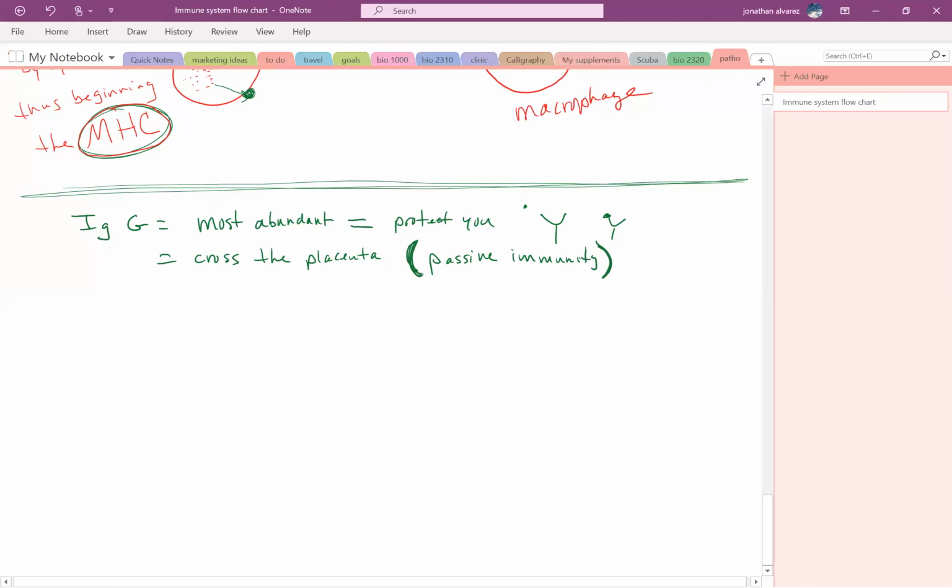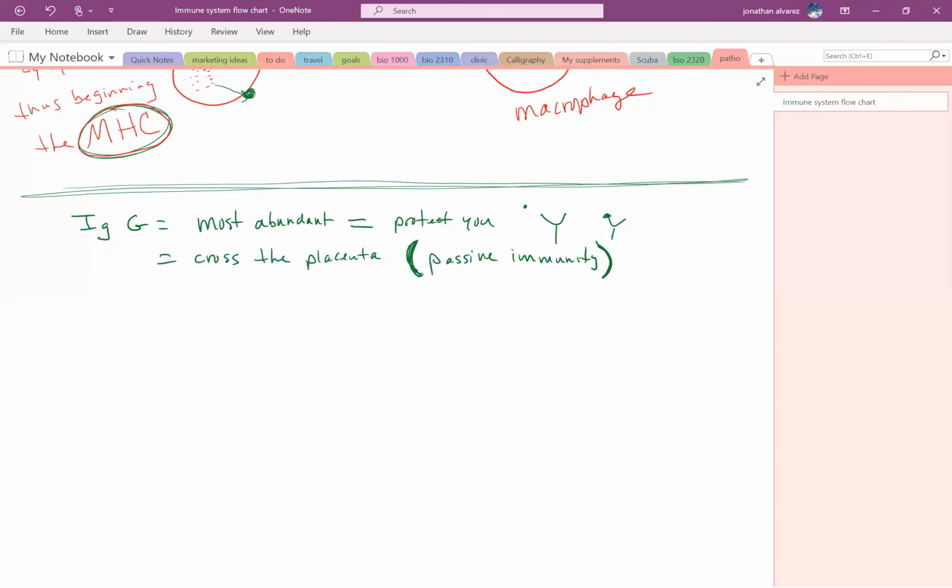So active immunity is, you went out and, I mean, we're seeing it right now in Boulder at CU Denver, CU Boulder. I don't know if you saw in the news, but there's a spike in COVID, because these are college kids, right?